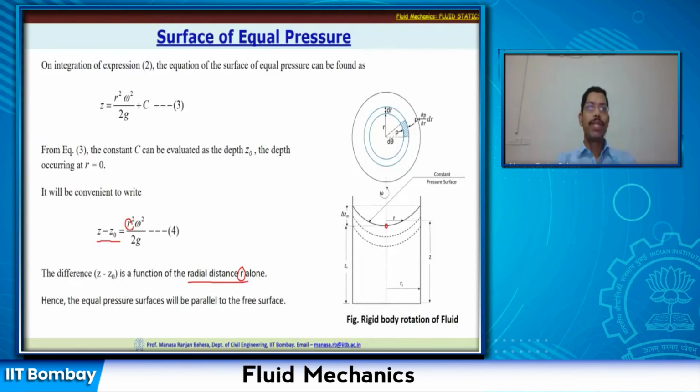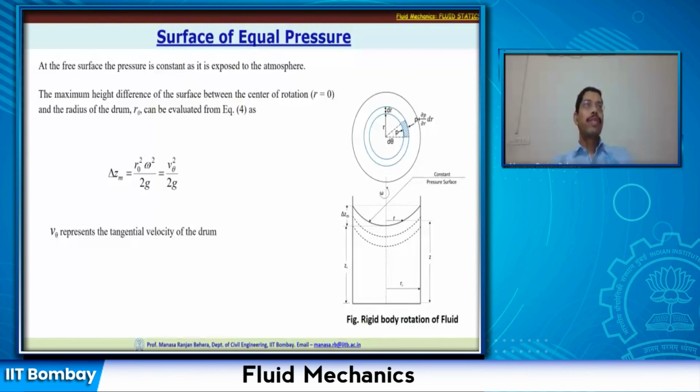So hence the equal pressure surface will be parallel to the surface. So we can immediately tell that at any point z, z minus z0 is going to be a function of r only, and if I have this free surface, then the pressure is equal, and if I want to draw equal pressure lines, they will all be parallel to each other.